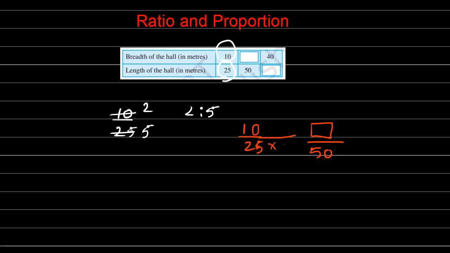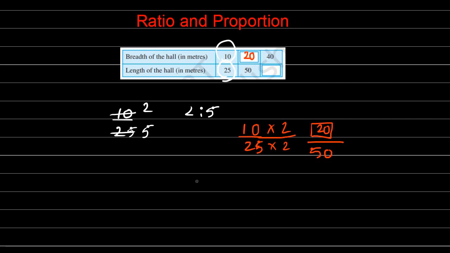By multiplying by 2. And in fractions or in ratios also, if you are multiplying any denominator or any quantity by any number, you have to do the same thing with the other number, right? So if you're multiplying by 2 to the denominator, you have to multiply the numerator also by 2. So 10 times 2 is 20. So your missing number, very simple, is 20, right?